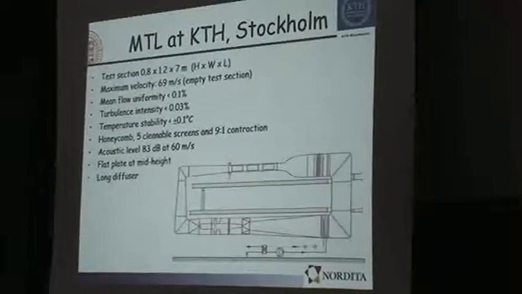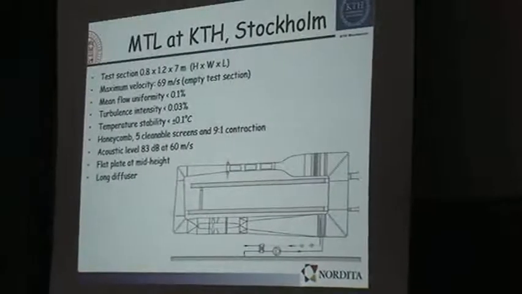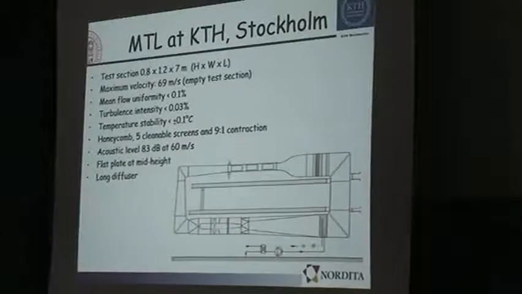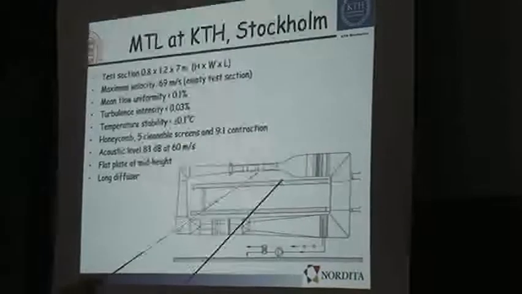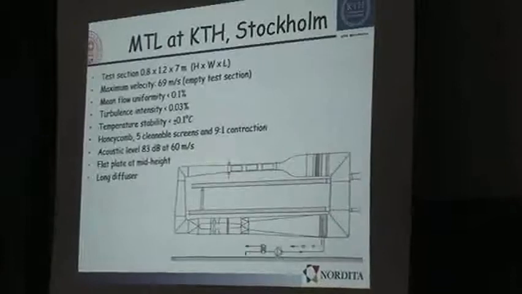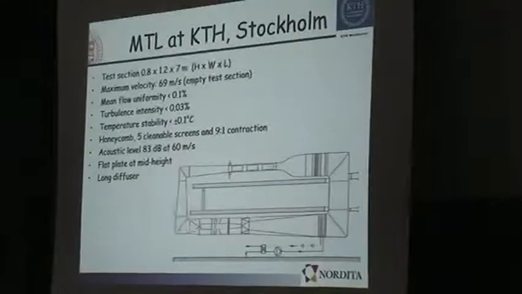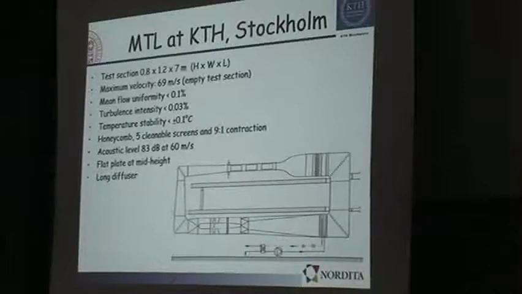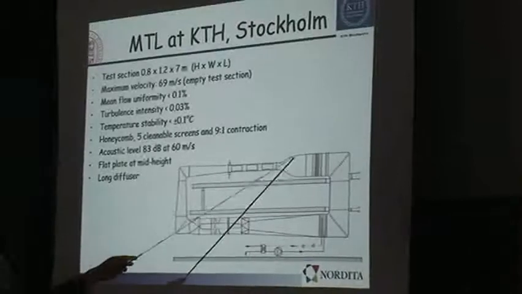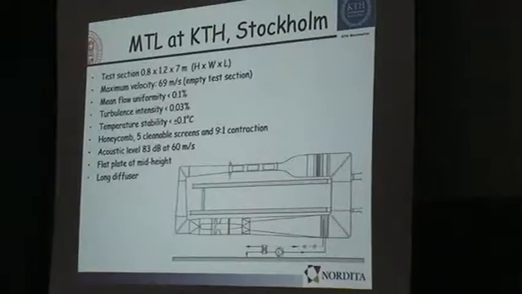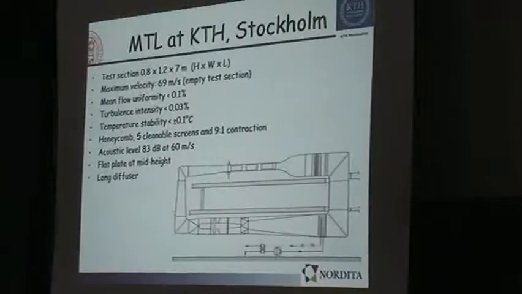Just saying one word about that, because we keep on seeing experiments with poorly designed contractions. There is often the idea that you can curve as much as you want, with very high curvature at the beginning, but positive concave curvature destabilizes your flow. As you also have a laminar boundary layer here, you can get separation in these regions, and when you have it, you don't recover good flow quality. It's very difficult.